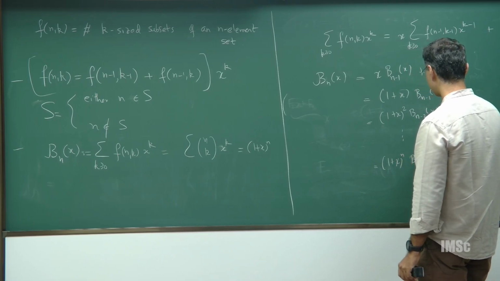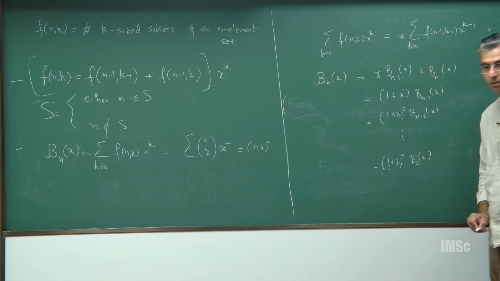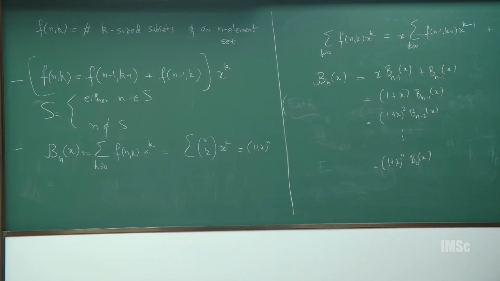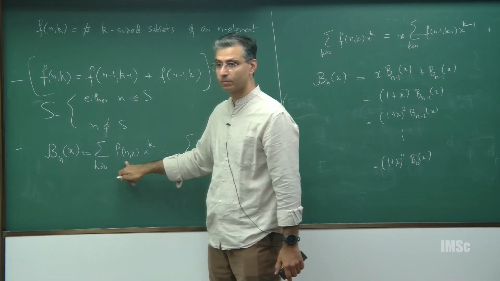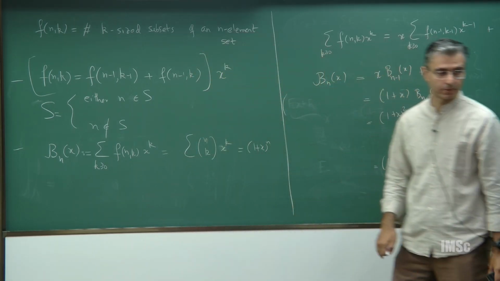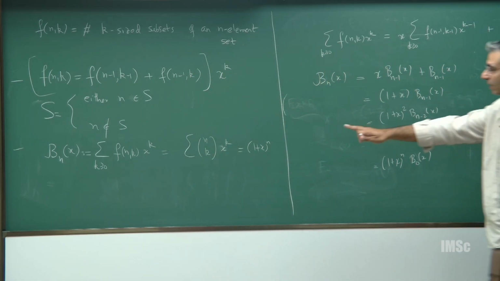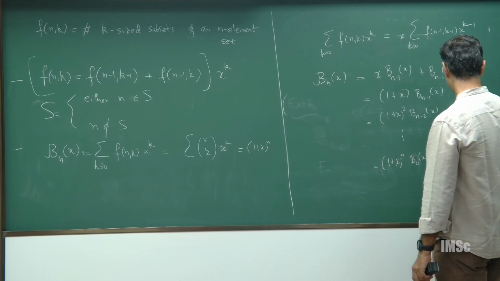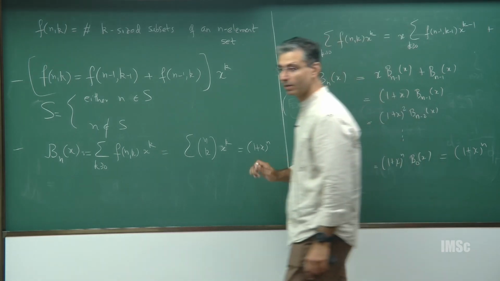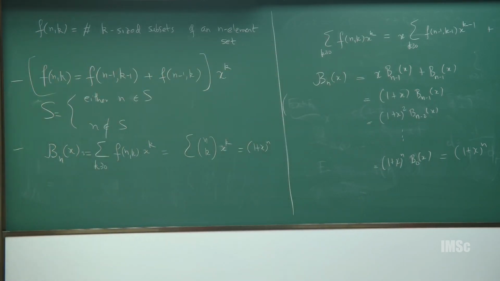B0(x), right, B0(x). What is B0(x)? Right, it is a generating function when n is 0, 1, right, 0 choose k is 0 except when k is equal to 0. So, this is 1. Okay, so, this is what we expected.